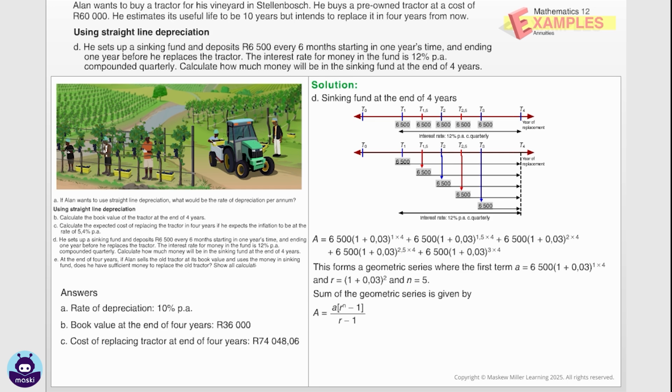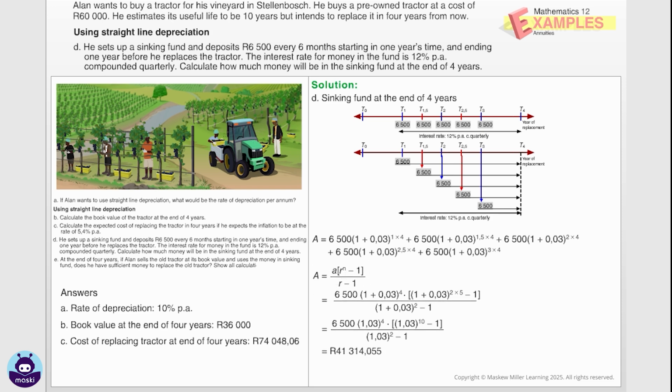Substituting the values of A, R, and N in the equation, we get. Therefore, the value of the sinking fund will be 41,314.055 rand at the end of 4 years.